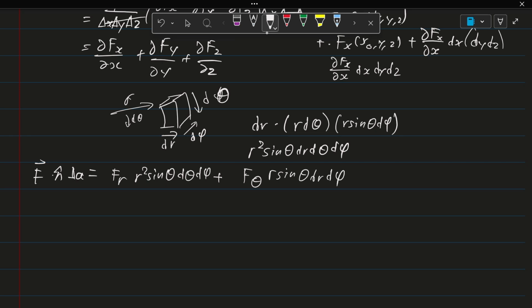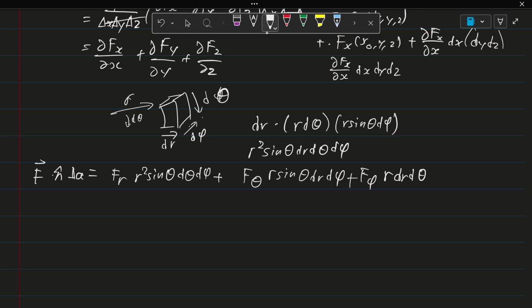Sorry for the flipping of the notation of the phi's. This time the phi will be the circular one for the angle. Lastly, for the f phi, it would be in this direction, which means that it will have the dr and the r d theta. So we just need to write r dr d theta. And this is only for the delta A.